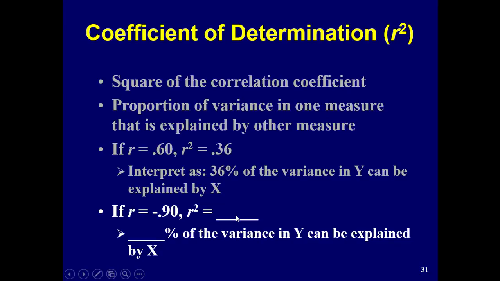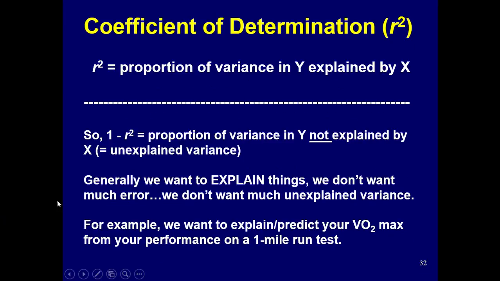What that means now is that 81% of the variability or the spread or the variance in y can be explained by the scores that we have on our x variable. 81% of the variance in y can be explained by our x scores. So R squared, again, is the proportion of variance in y that can be explained by x.